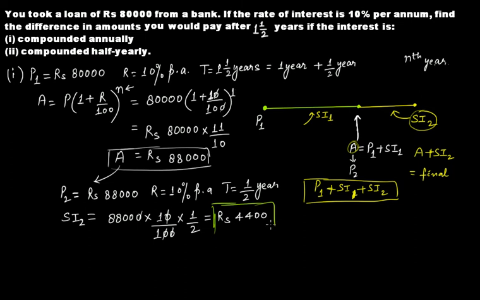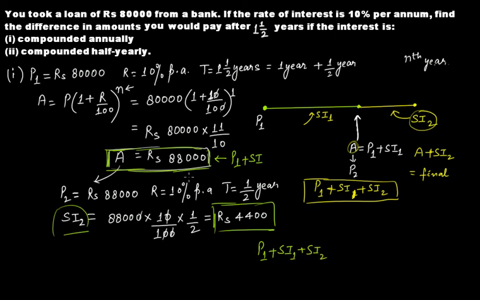This A that you have calculated using this formula is actually P1 plus SI1, because when we use this formula, it gives us P1 plus SI1. Now this is SI2. So basically P1 plus SI1 plus SI2 will give you the final value.